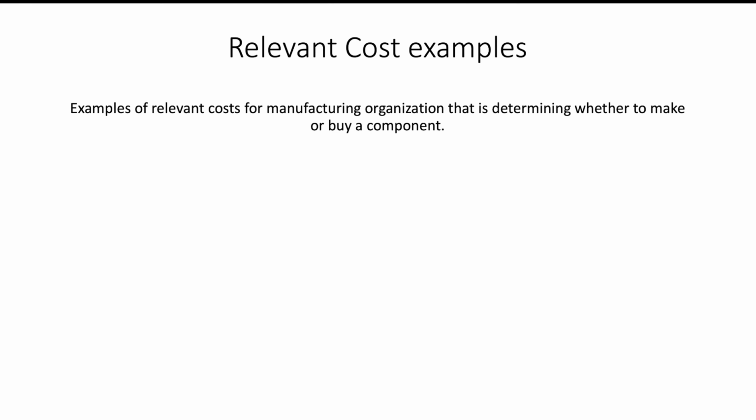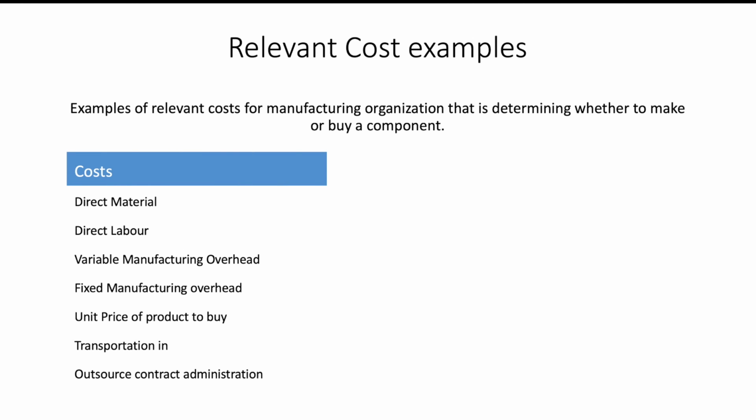So we'll do a couple of analyses on whether we have to make it or buy it. We just do a total cost comparison so that we can understand. We make this decision irrespective of the qualitative issues that we have discussed earlier.